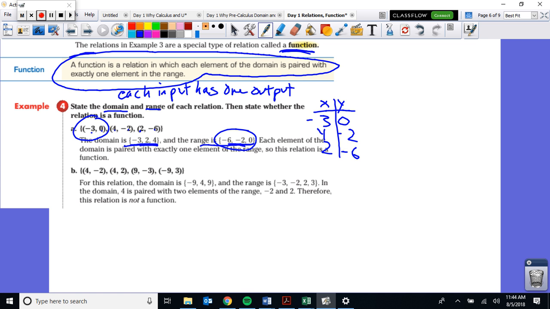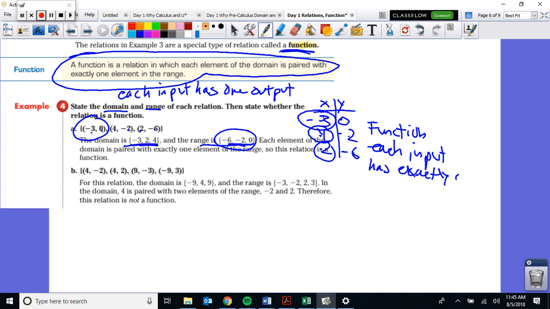I'm rewriting these points. Does the x have a different output? No. All the x's are different and all the y's are different. So this is a function. Each input, each x value, has exactly one output. Got it. Okay.